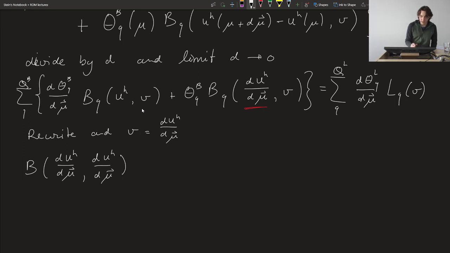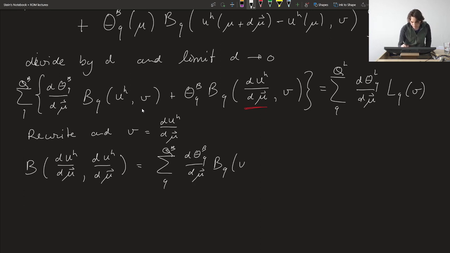Then I'm moving all the other stuff to the right hand side, is equal to the sum over the q's for b, d theta bq d mu times bq of u h, and v is again going to be this directional derivative.